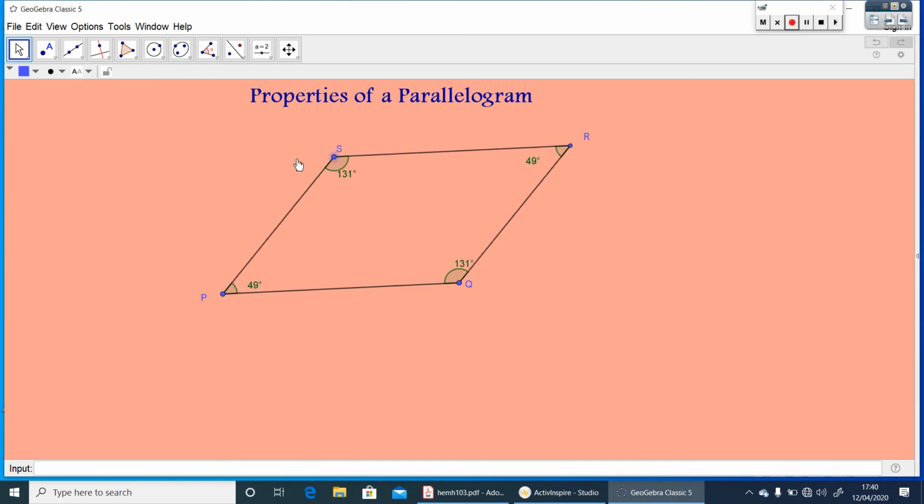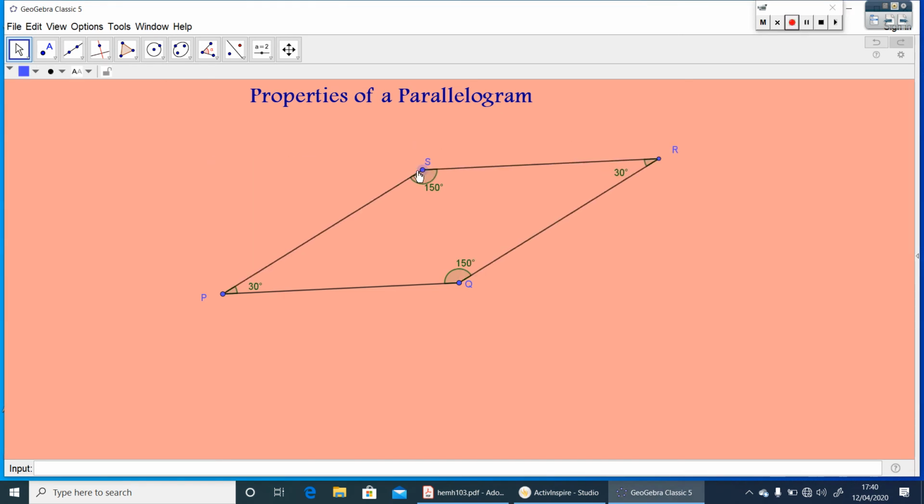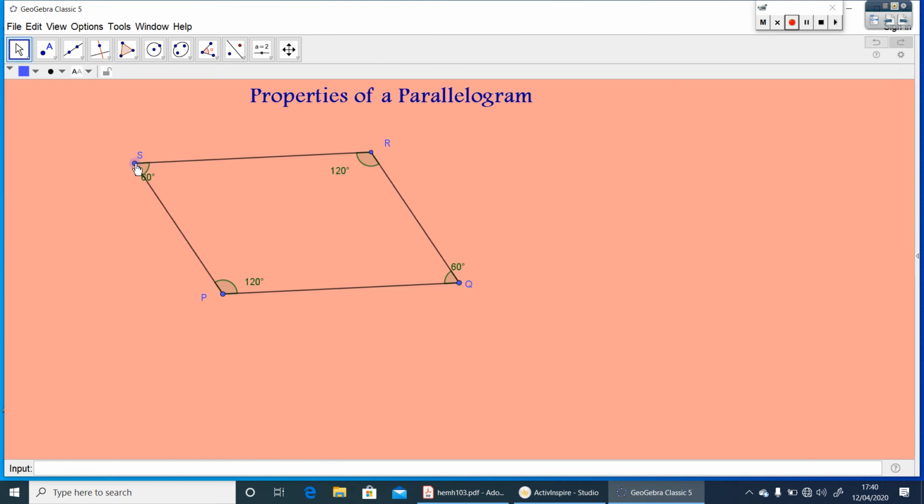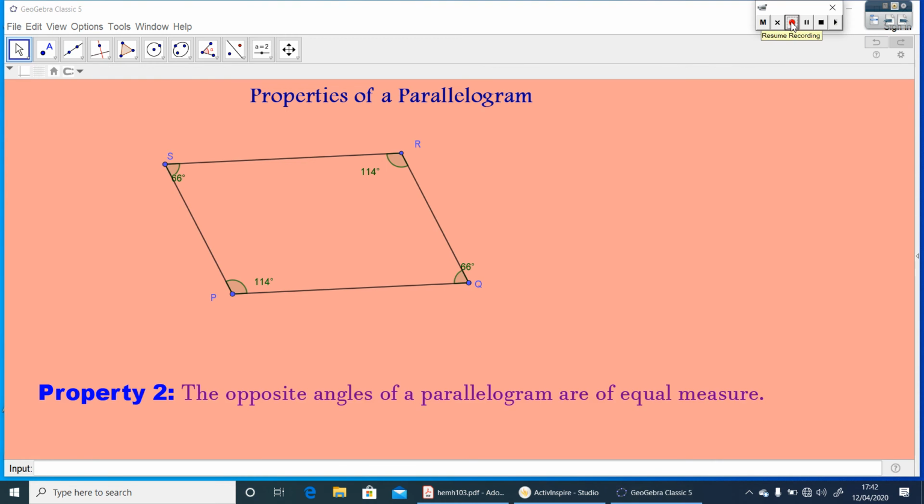Now when we change, in all the cases you can see pairs of opposite angles are equal. That is the second property. That is, the opposite angles of a parallelogram are of equal measure. That is property 2.